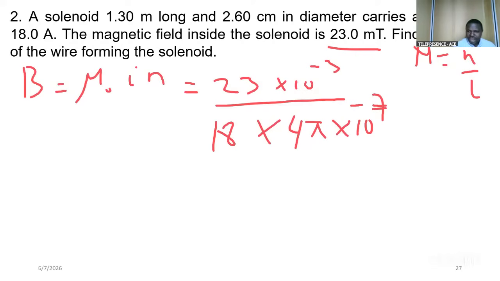From there, we can get our n, small n here. And after we have determined our n, easily we should be able to determine the number of turns present.